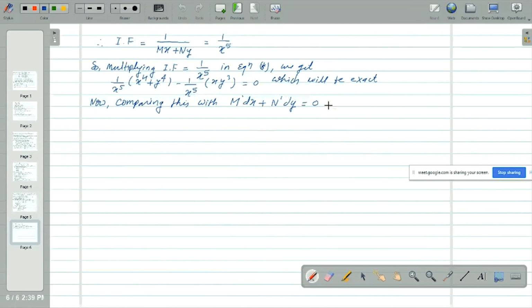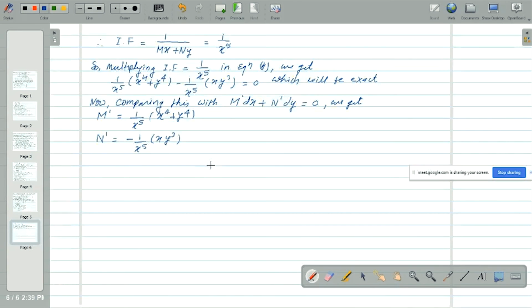So we get m dash equal to 1 upon x raised to 5 into x raised to 4 plus y raised to 4, and n dash equal to minus of 1 upon x raised to 5 into xyq.